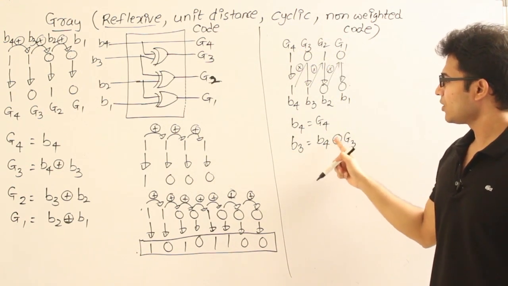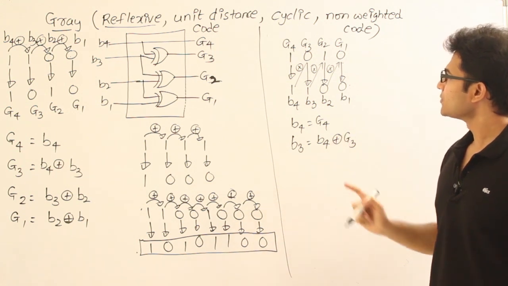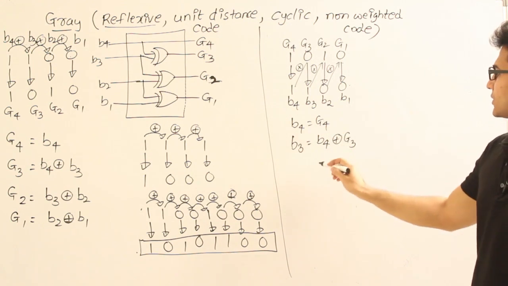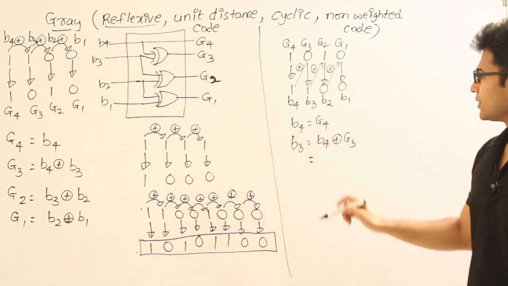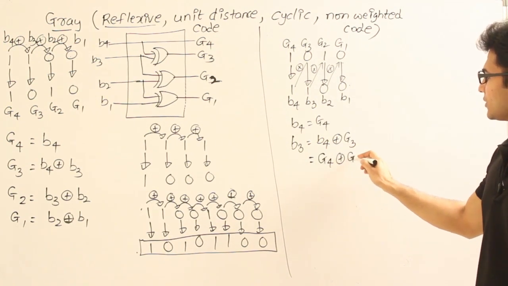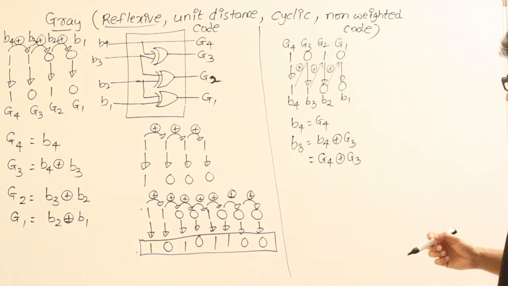I don't want to write the output in terms of again this output. So B4, I want to replace B4 with this. We know that already B4 is nothing but G4. Therefore I am writing it as G4 exclusive OR G3. The reason why I am doing this is simple. I want to write the output in terms of only input, so that when I design the circuit it will be easy for me. Okay.